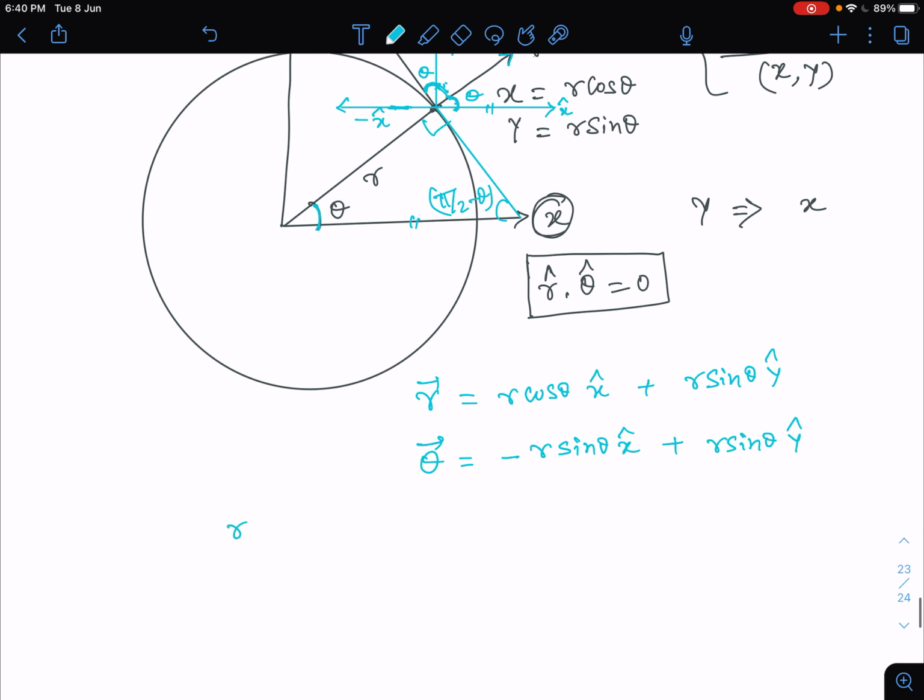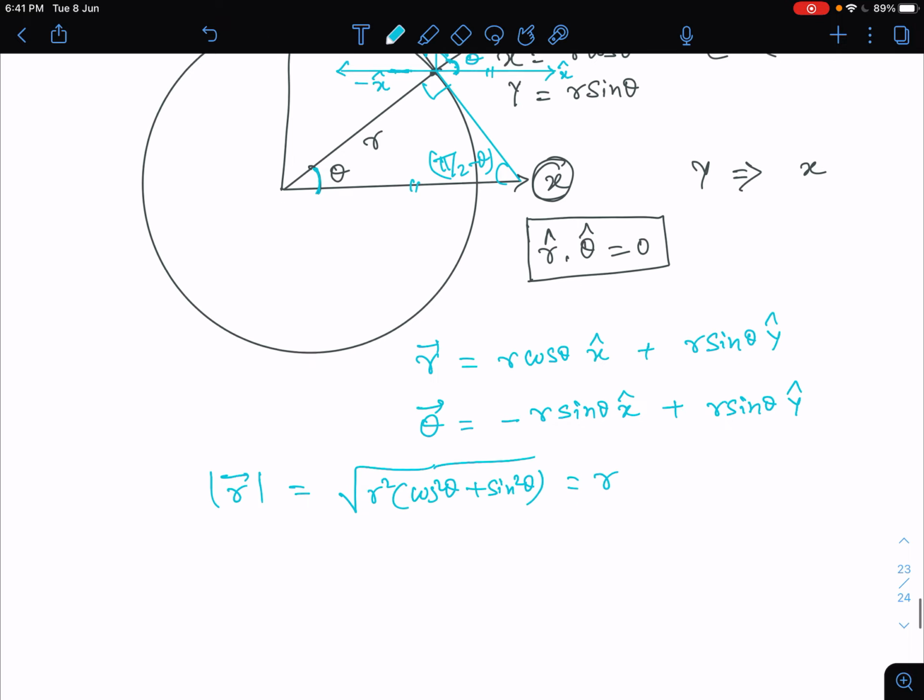So what is the magnitude of r? The magnitude of r is basically the square root of r squared cos squared theta plus sin squared theta, that is r, as expected.